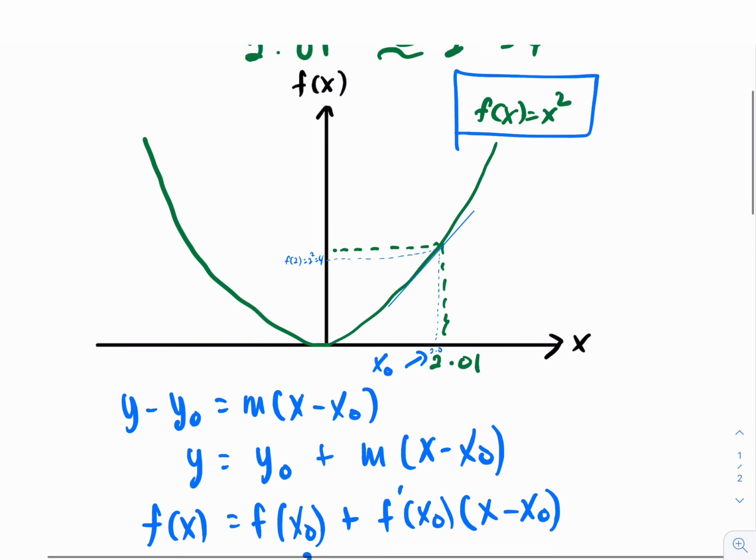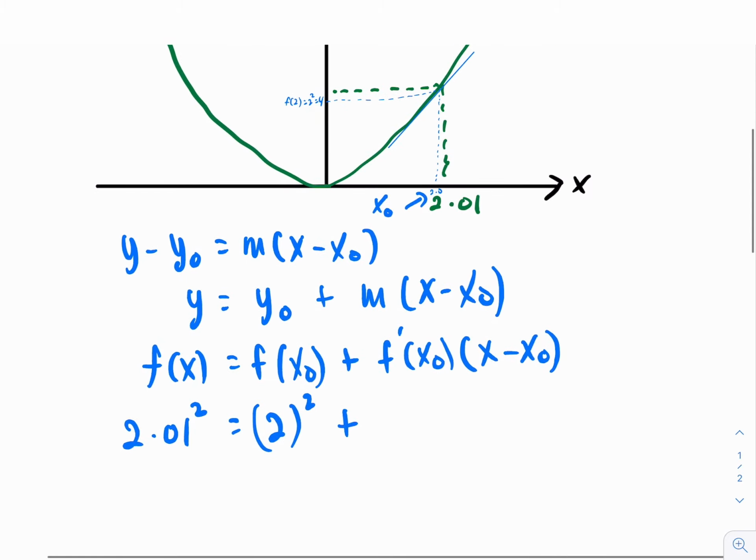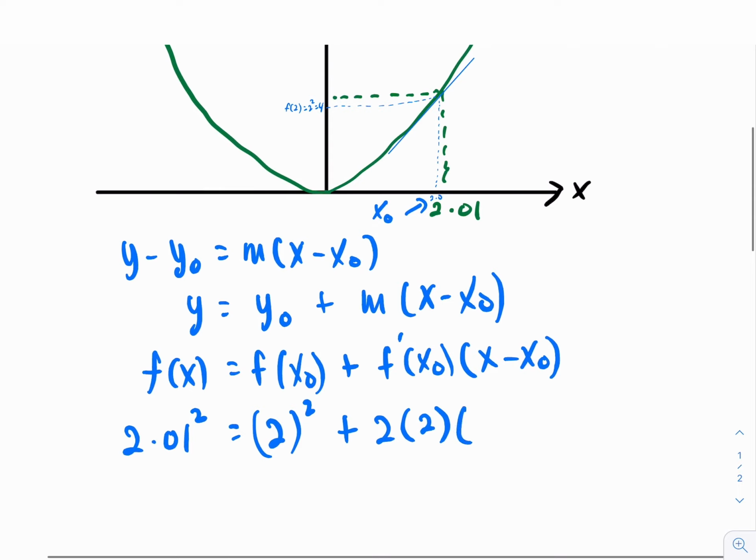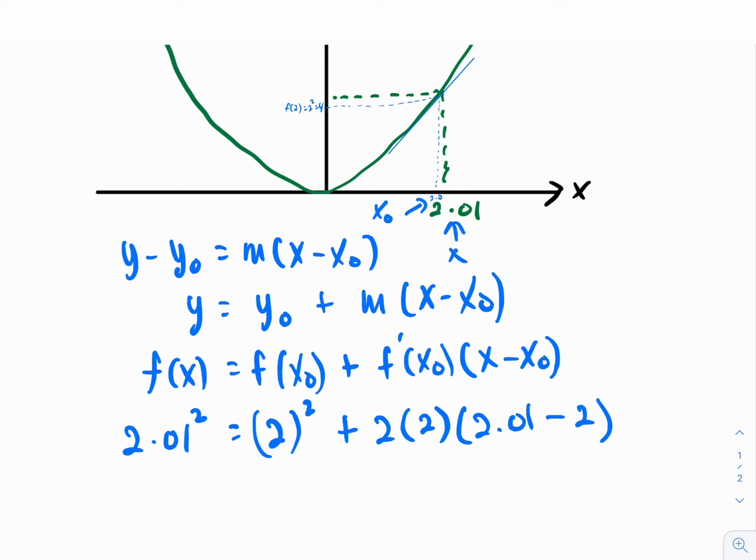Before that, we have to find our f prime of x, which is equal to 2x. So f prime of x naught is 2 times 2, multiplied by (x minus x naught), where x is 2.01 and x naught is 2.